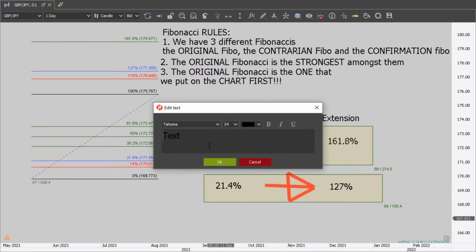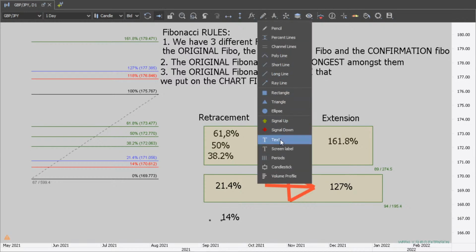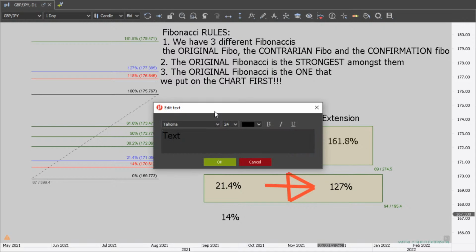If the market retraces to the 14%, then of course the appropriate extension is going to be the 118. Red goes to red, 118%.